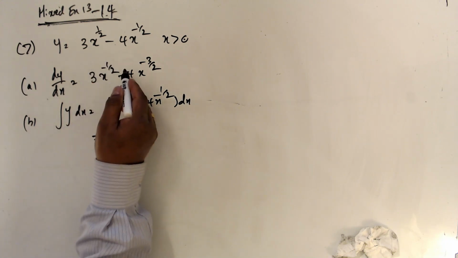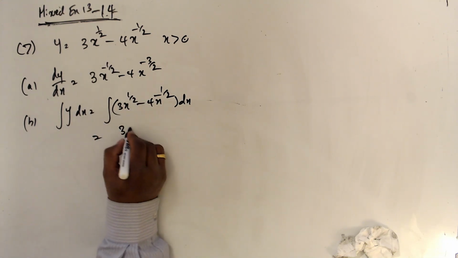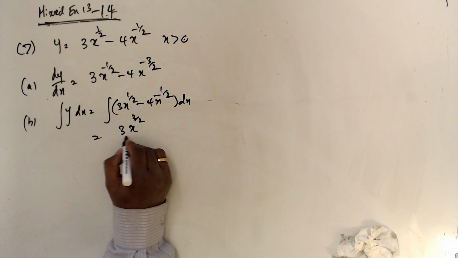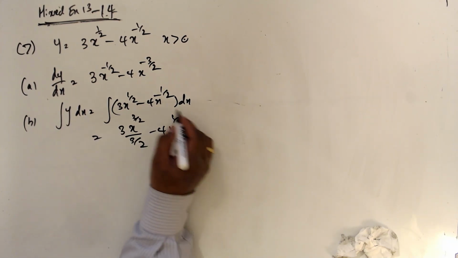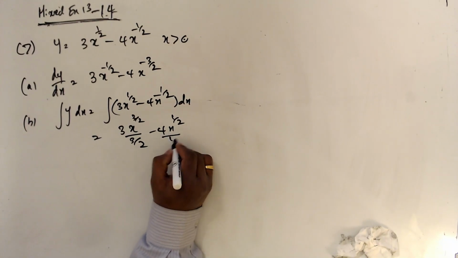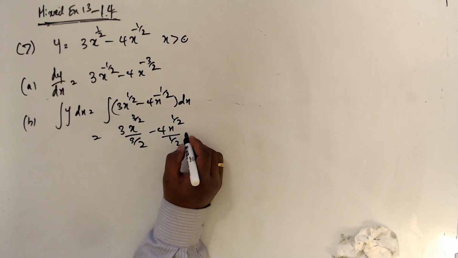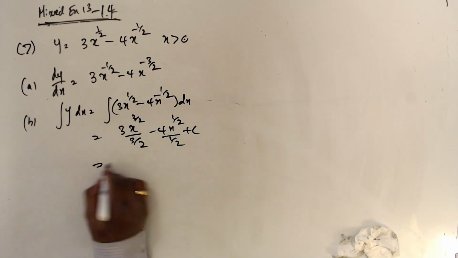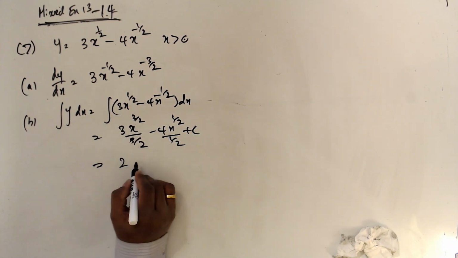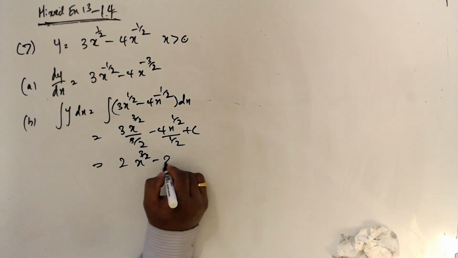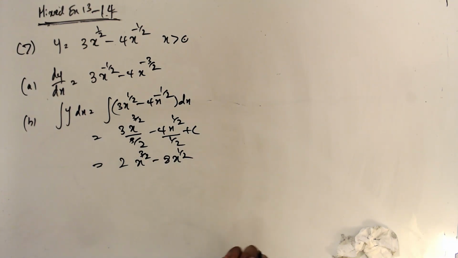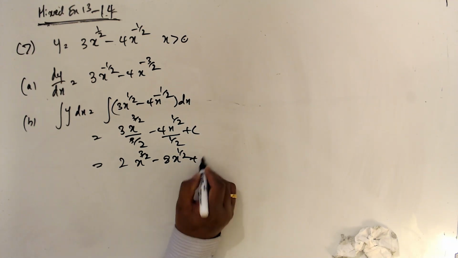Now we add 1: 3x to the 3 over 2 divided by 3 over 2, minus 4x to the 1 half over a half, plus c. The 3s cancel out, 2x to the 3 over 2, and this is going to be 8x to the half plus c.